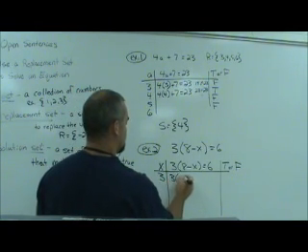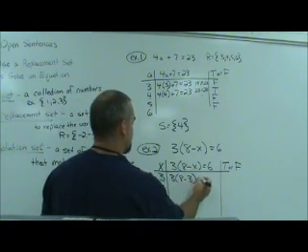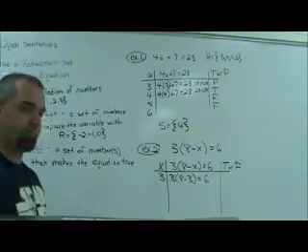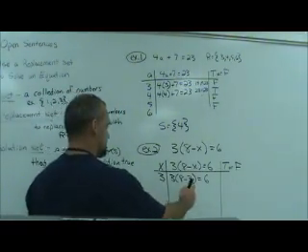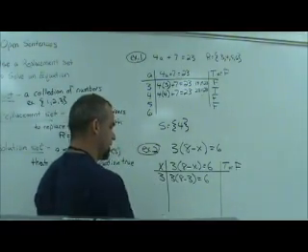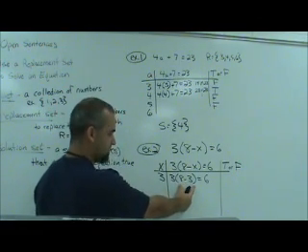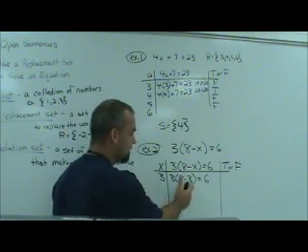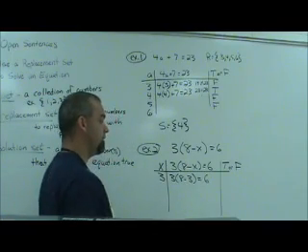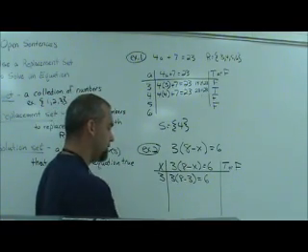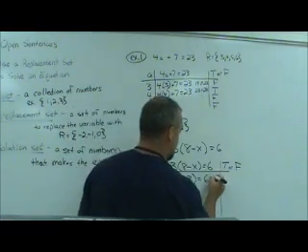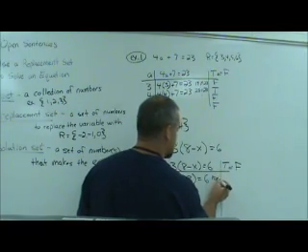So we get 3 times (8 minus 3) equal to 6? We need to evaluate that. We have to do what's in parentheses first. 8 minus 3 is 5. 3 times 5 is 15. That is not true. 15 does not equal 6.